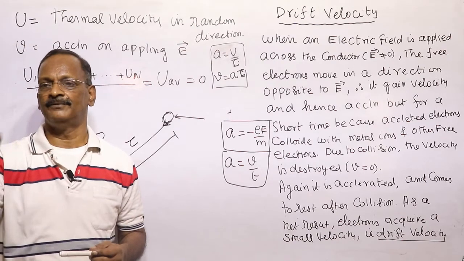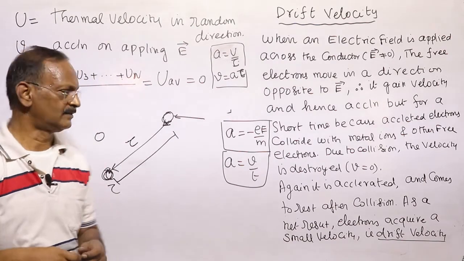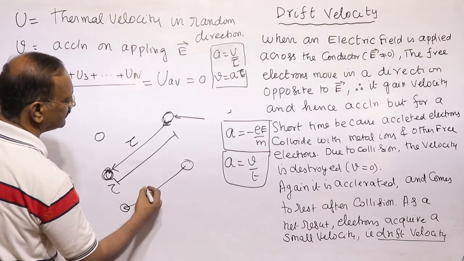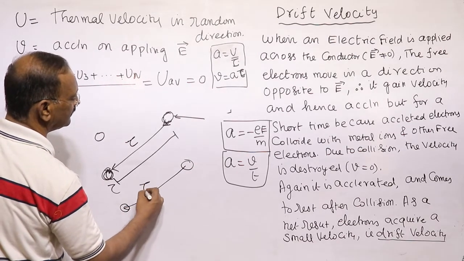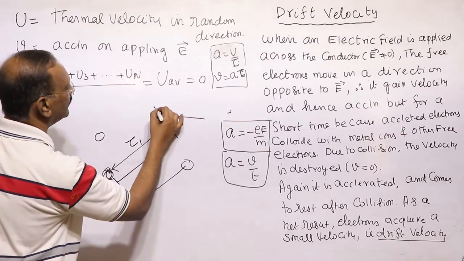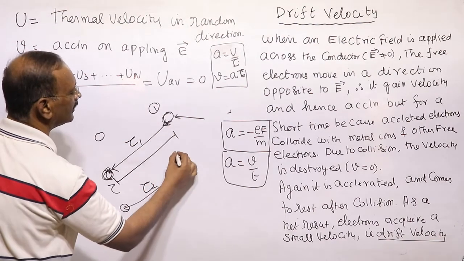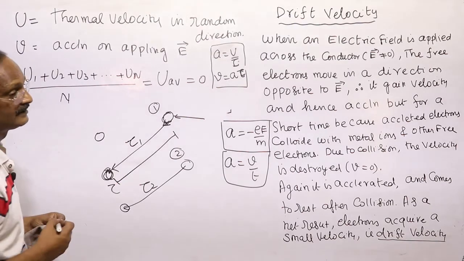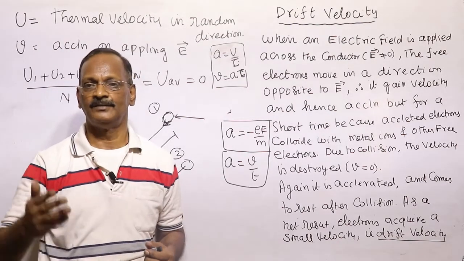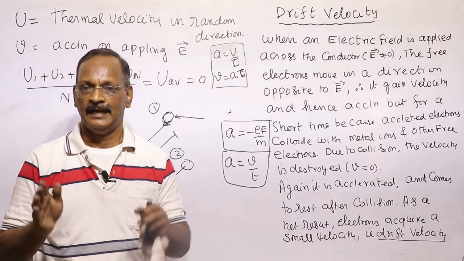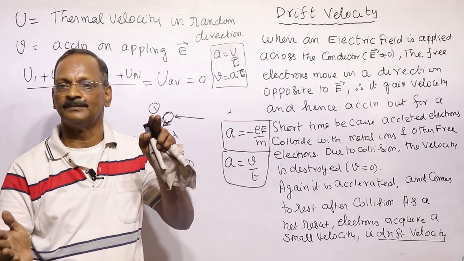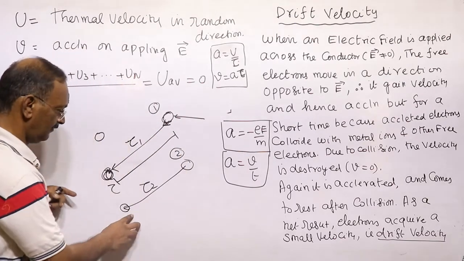If you take the average of all the free paths, because one electron moves like this, another electron goes and hits like this, this is another path. This is the time T1 for electron 1, this is T2 for electron 2. This is the relaxation time, the time taken between two successive collisions, and the path is the free path, because the electron moves freely between the two collisions.